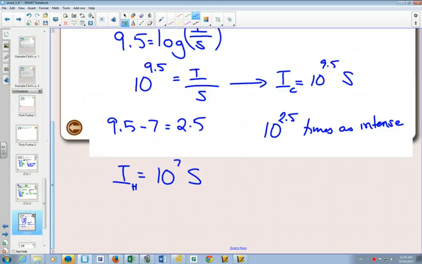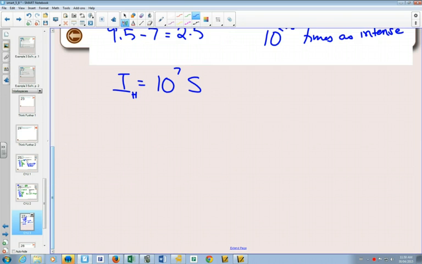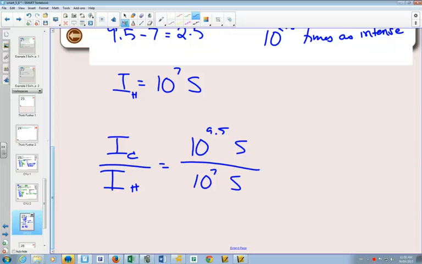When we want to compare them, the comparison would be that we would take the intensity of Chile and divide it by the intensity of Haiti, which would be 10 to the 9.5 times S over 10 to the 7 times S. And the S's cancel out, and your exponent laws would be to subtract, and you get 10 to the 2.5 that way as well. That's using the formulas.